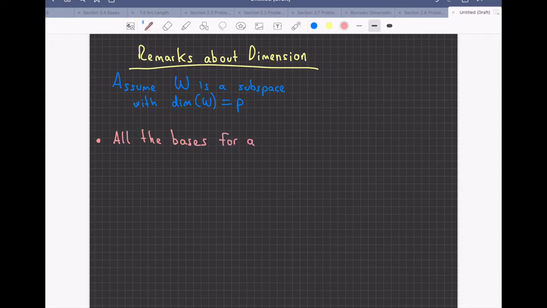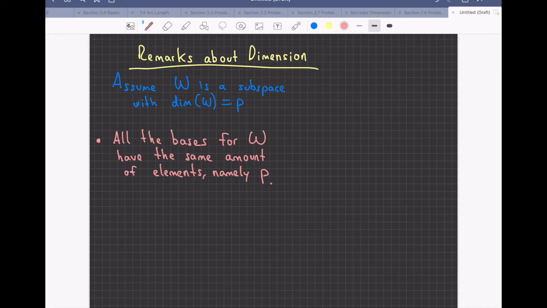for W have the same amount of elements. The first remark, if W is a subspace, if we know that the dimension for the subspace is p, then necessarily all the bases have the same amount of elements.